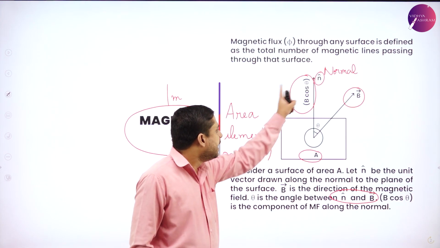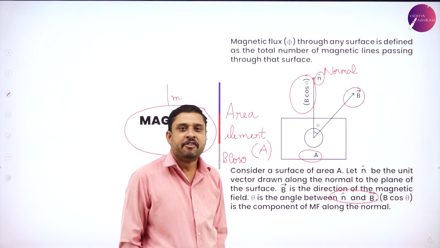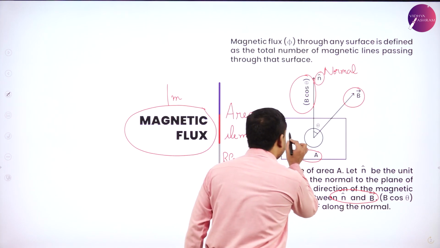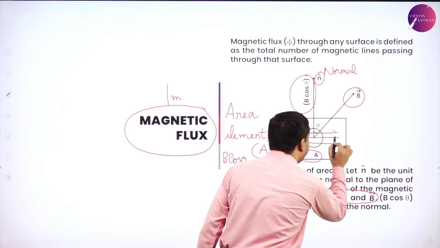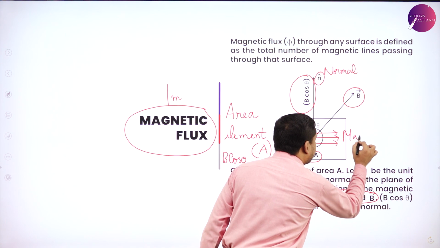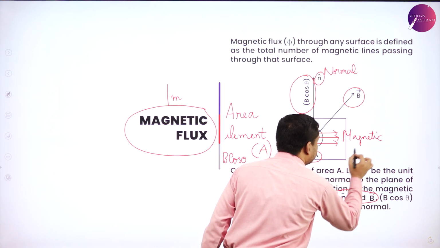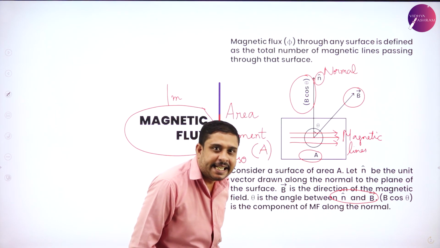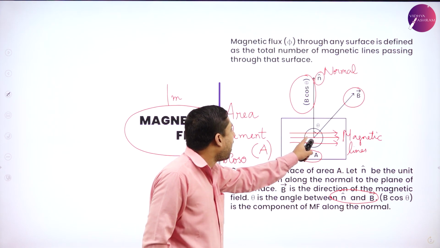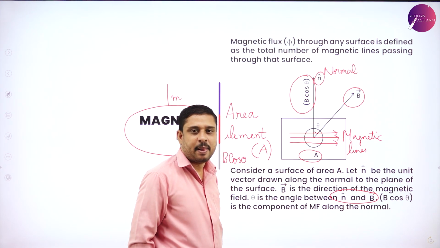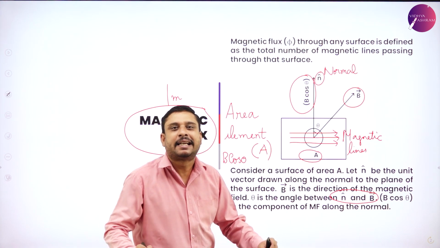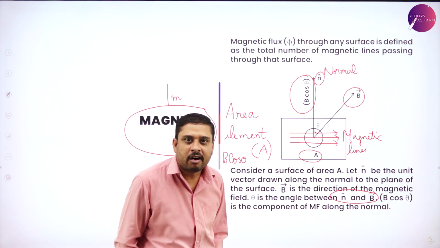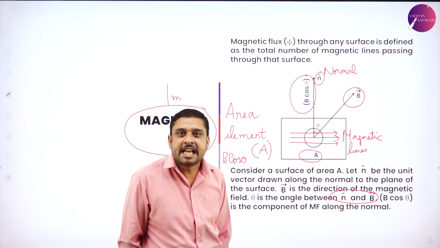Therefore, in simple terms, magnetic flux is nothing but number of magnetic lines of force. Like the electric lines you studied, magnetic lines of force which pass normally through the area. How many magnetic lines of force pass normally through that area is what we call magnetic flux.